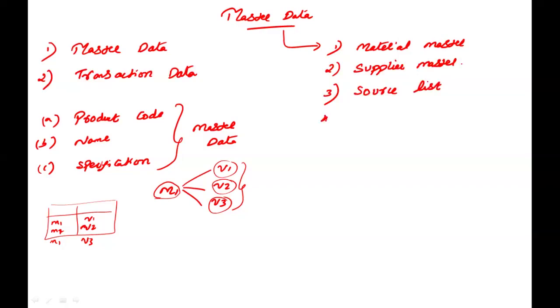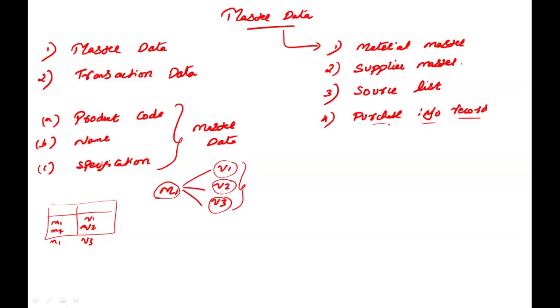Okay. Then we have the fourth type of master data, which is purchase info record. This purchase info record, you need to read it from right to left. If I read from right to left, it is the record of information of the purchase you have done. This purchase info record is going to store the information of the previous purchase you have done.